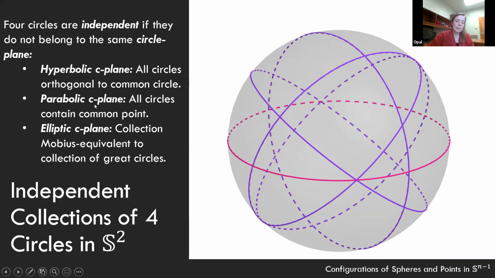And so Crane and Short's condition that the collections of circles can't all contain a common point is gotten from this parabolic C-plane here. So my collections with the independent subcollection, I can't have the circles contain a common point, but I also can't have these other two restrictions as well. To me, this is a nice trade-off because of where I am interested in using this.